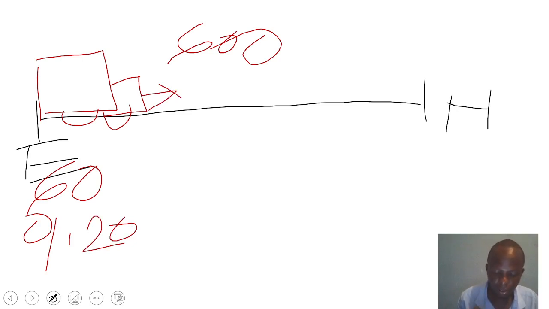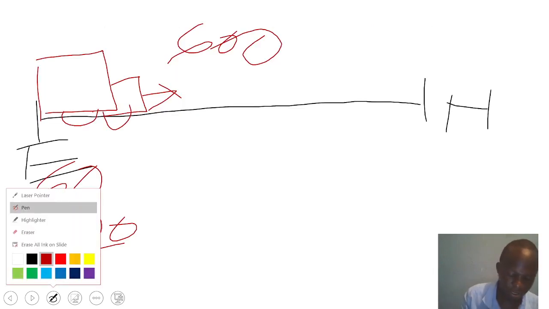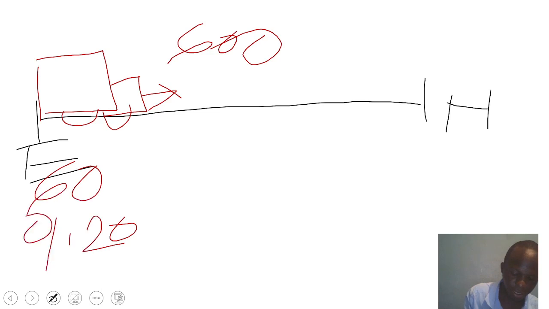And then the car, let us see what the car does. At 10 a.m., a car leaves Eldoret for Nairobi at a speed of 120 kilometers per hour.